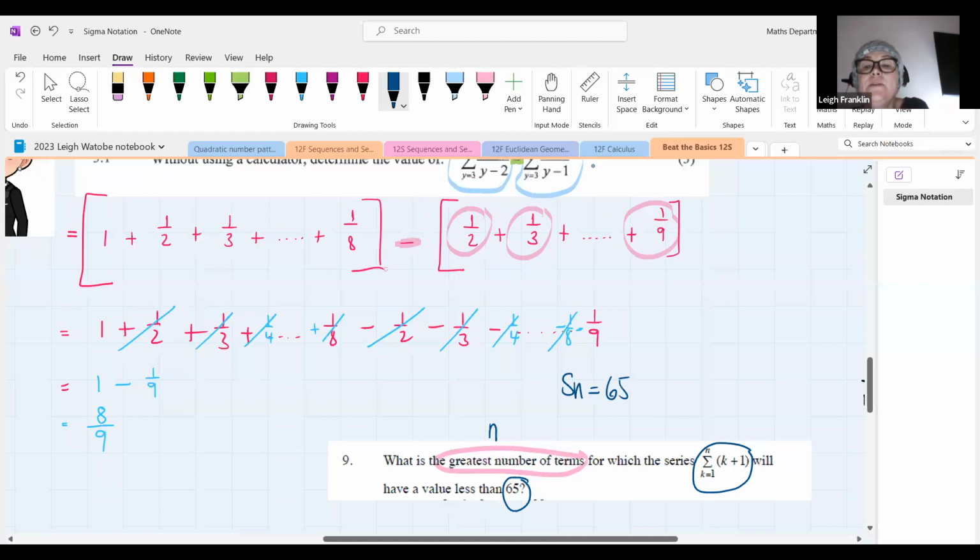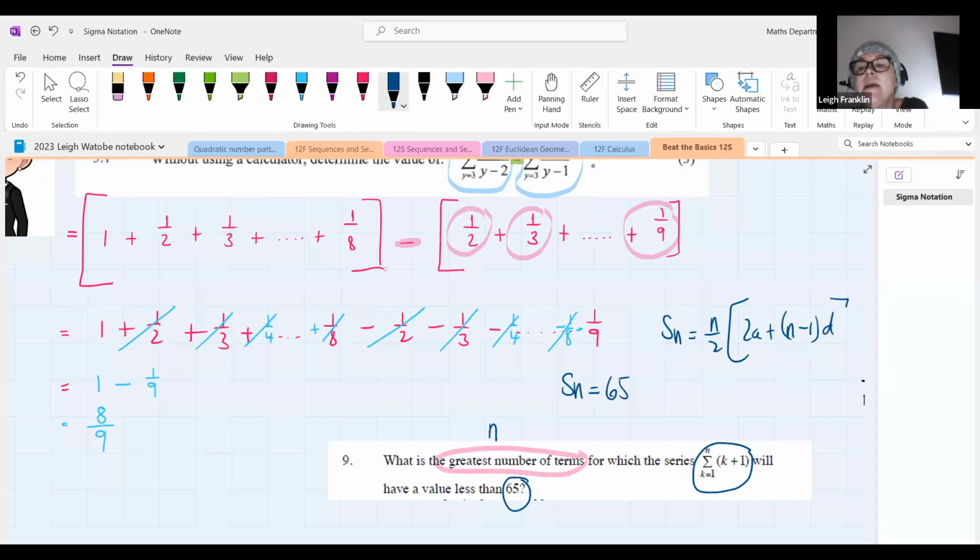So instead of saying Sn equals n over 2 times (2a plus (n minus 1)d), instead of this equal sign, we've now got an inequality. It has to have a value less than 65.